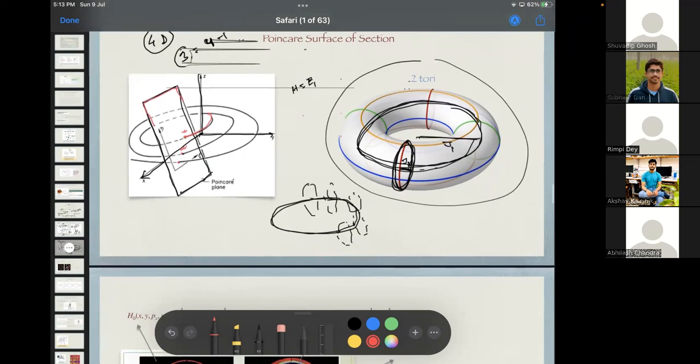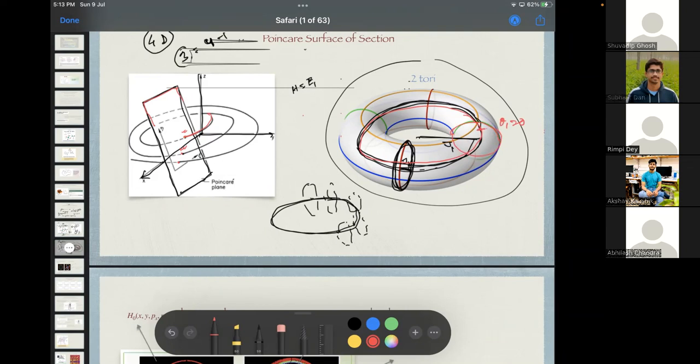Okay, it's just like in the torus concept, if you fix one theta, let's say for this big circle, if you fix theta equal to 0, let's say this is theta 1 equal to 0, right? So here you consider a plane, sorry, I'm not drawing it correctly, you can imagine.